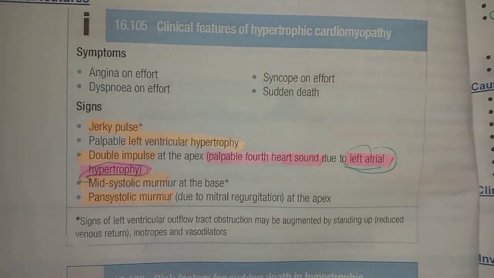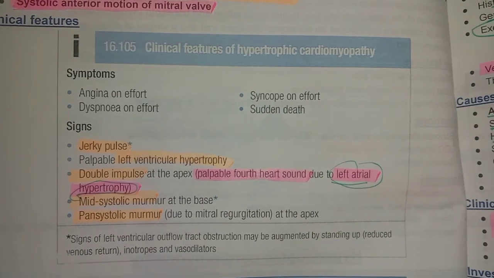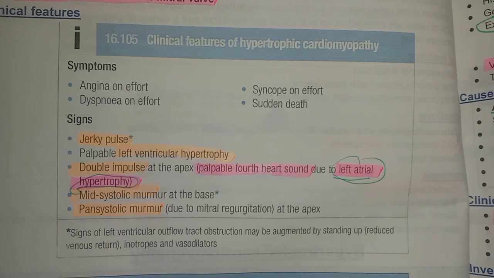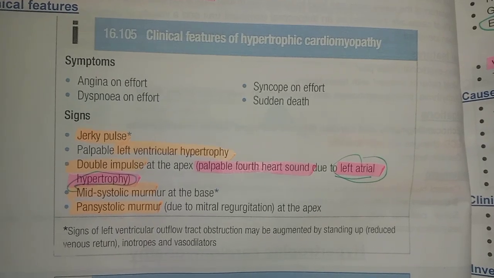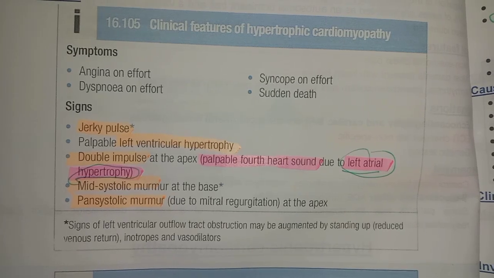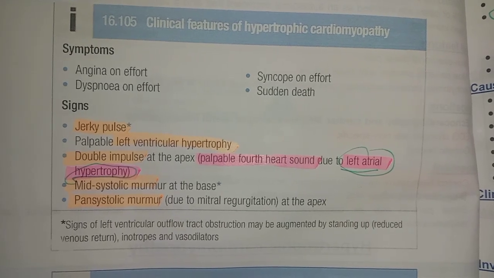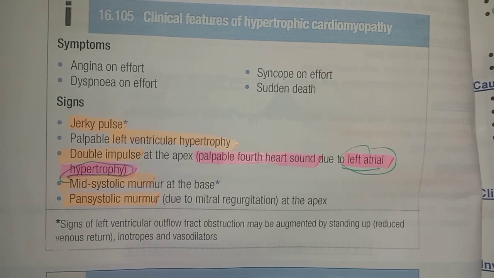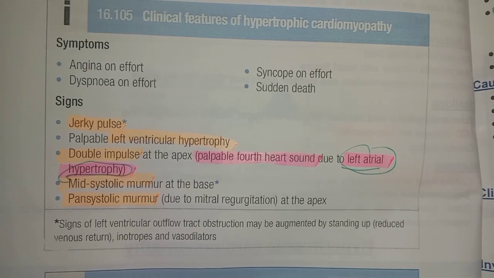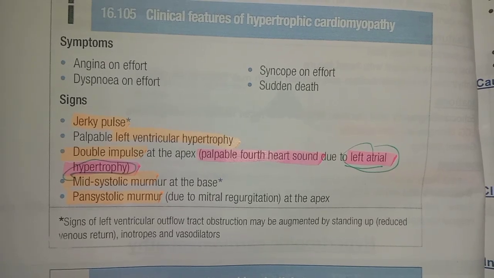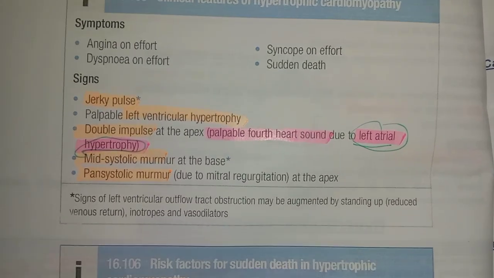Then the clinical features include symptoms: angina on effort, dyspnea on effort, syncope on effort, and sudden death. Signs include jerky pulse, left ventricular hypertrophy, double impulse, palpable fourth heart sound because of the left atrial hypertrophy, and there is mid diastolic murmur and pan systolic murmur.